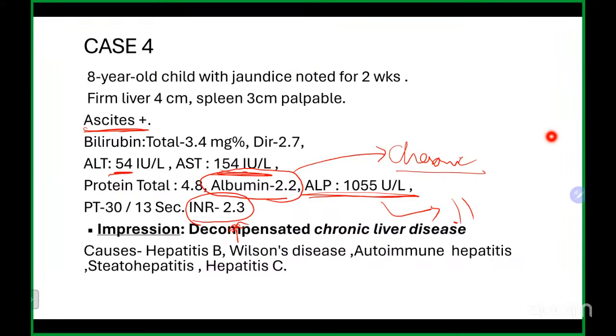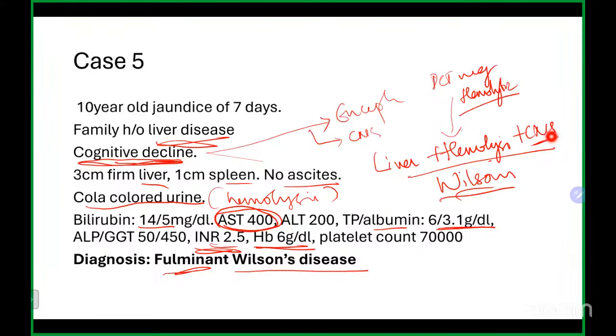And when you have low albumin, you should always think in terms of chronic liver disease plus raised AST along with other systemic symptoms like blood, hematopoietic or CNS. Then you should think of systemic disease, most commonly the Wilson's disease.